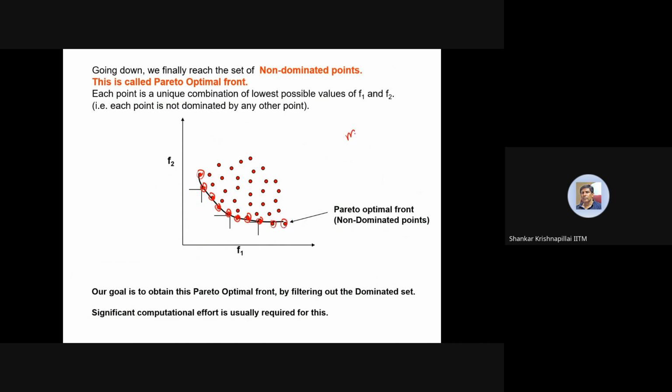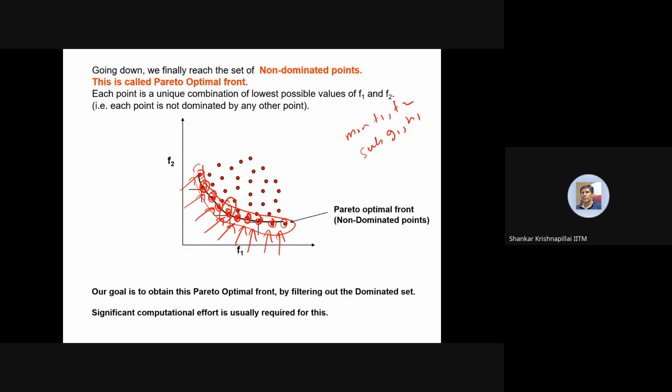So if you want to minimize F1 and F2 subject to, say, G1, H1, and you get this locus of points, then you have an infinite number of solutions. Each point is equally good as the other point. So it is up to you to choose.